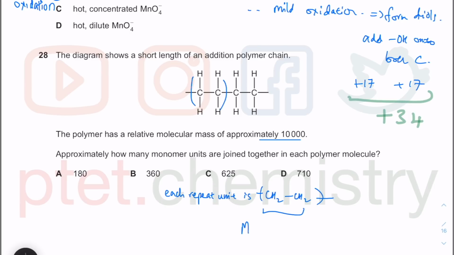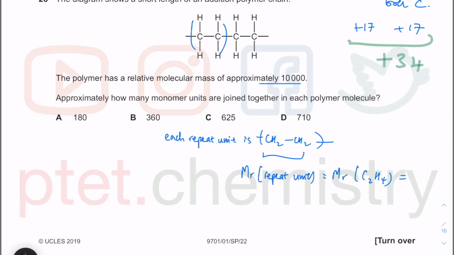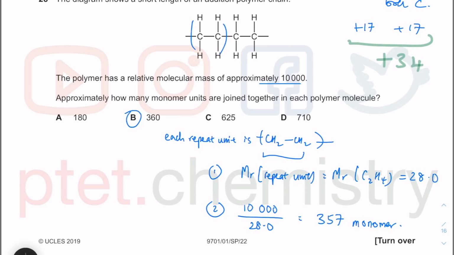So the Mr of the repeat unit is going to be C2H4, so 12.0 times 2, and you get 4 times 1.0, around 28.0. Now the whole polymer, 10,000 Mr divided by 28.0. So give or take, how many monomers is that? That is around 357 monomer units. Okay, around 360 if you round it up approximately. So these are not super exact numbers to begin with.